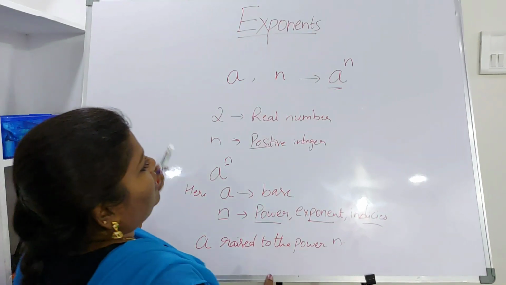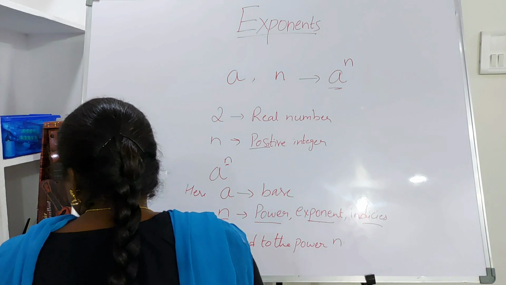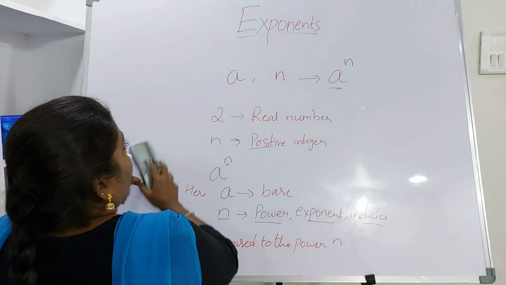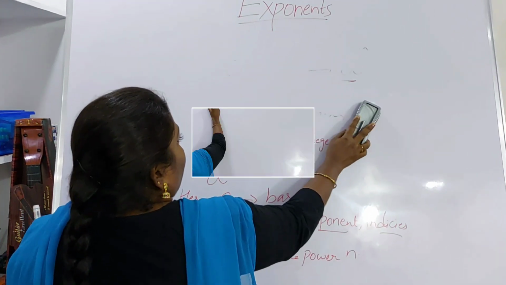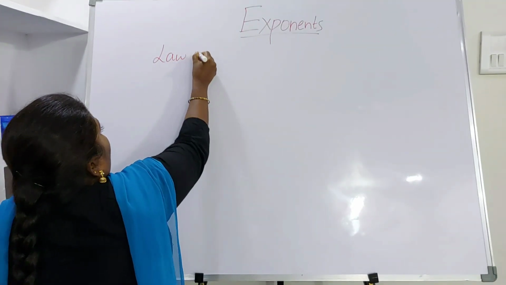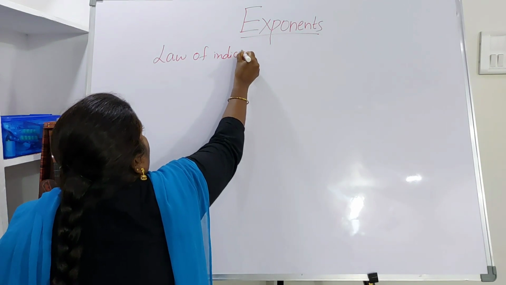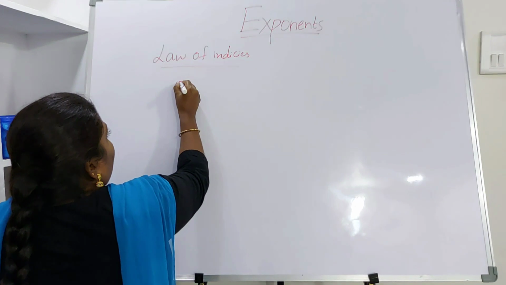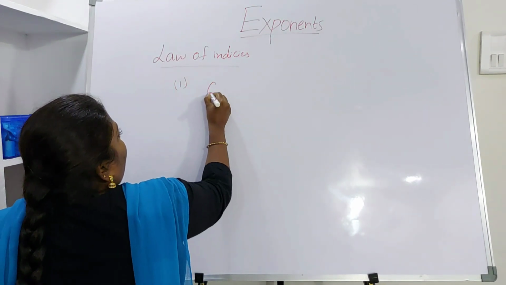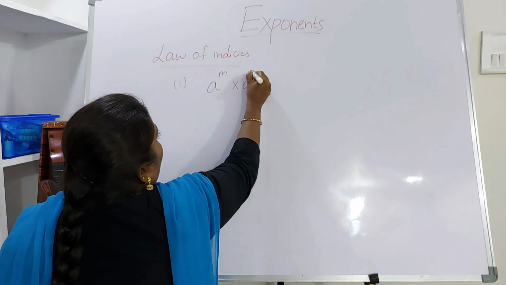So let me give the laws of indices. So indices is nothing but a power. The first one, a to the power of m into a to the power of n.